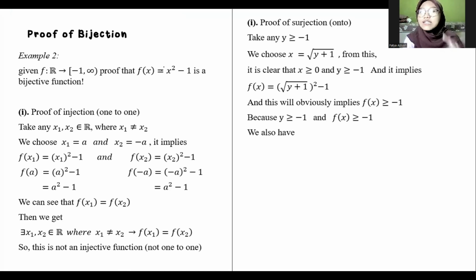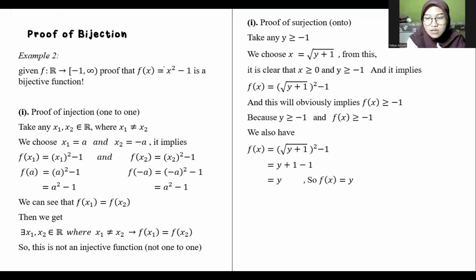And this obviously implies we have the square root. The inside of the square root can't be negative, right? So the values of f of x will be greater than or equal to -1, because y is greater than or equal to -1 and f of x is greater than or equal to -1.